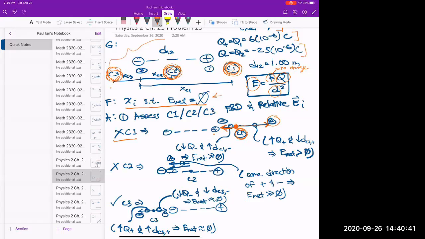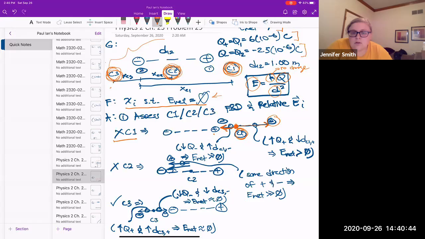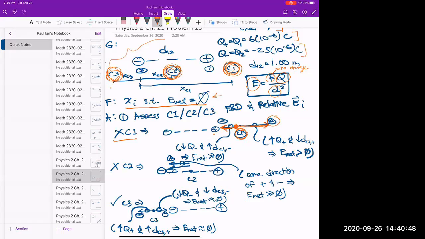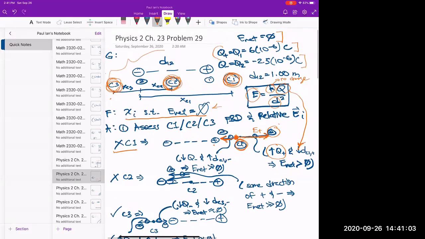For this specific one, the reason I made this longer is if you assess where it is. This equation will inform you if the magnitude of E plus is going to be bigger. The higher the point charge, and I think the positive one is higher, right? Yes.